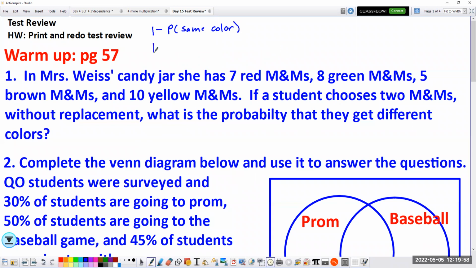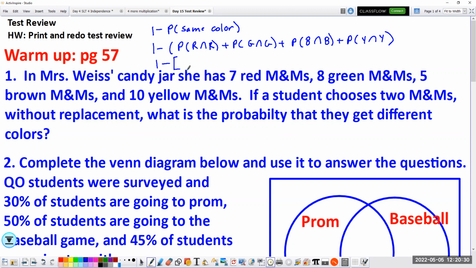So we're going to do 1 minus the probability of red and red, plus the probability of green and green, plus the probability of brown and brown, plus the probability of yellow and yellow. And again, these are without replacement, meaning we eat the M&M and that's going to affect the probability. So we're going to go 1 minus, we'll make a big bracket here.